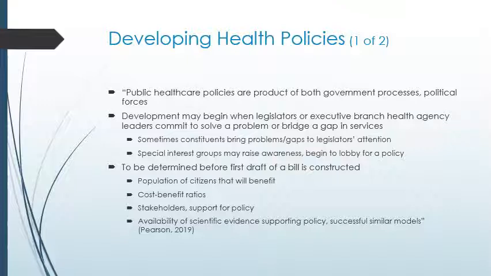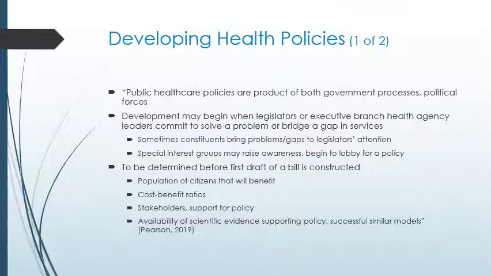To be determined: the healthcare policies are to be determined before the first draft of a bill is constructed. So the population of the citizens that will benefit. So these are all the things that you'll need: the population of the citizens, the cost of the benefits and ratios, stakeholders. Do you know what a stakeholder is?